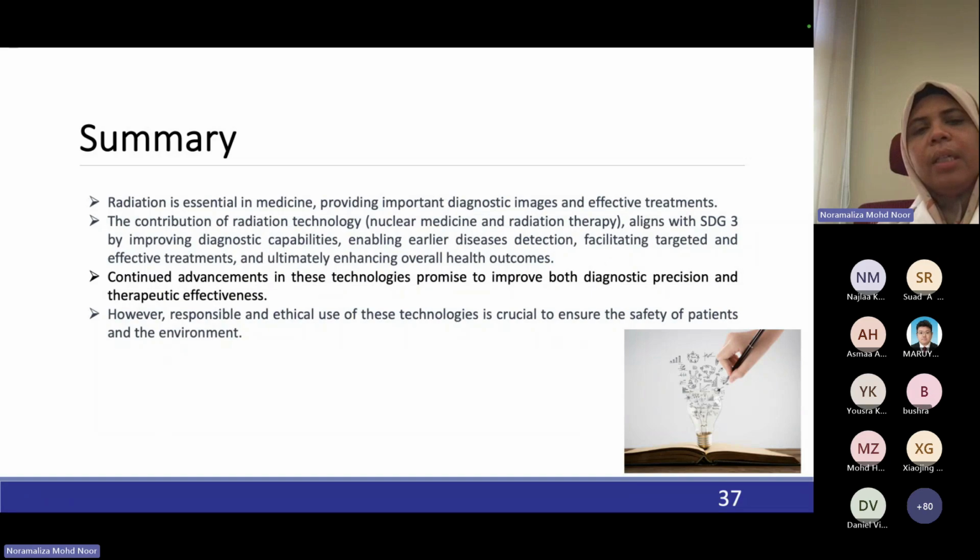By continuing these advancements, we hope to improve diagnostic precision and therapeutic effectiveness. However, we have to bear in mind that responsible and ethical use of this technology is crucial to ensure the safety of the patient and also the environment.